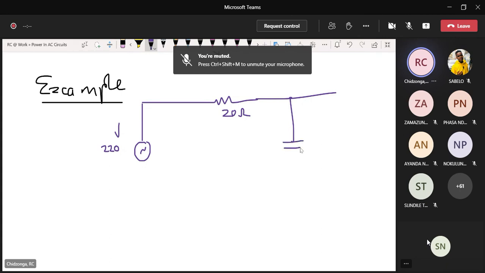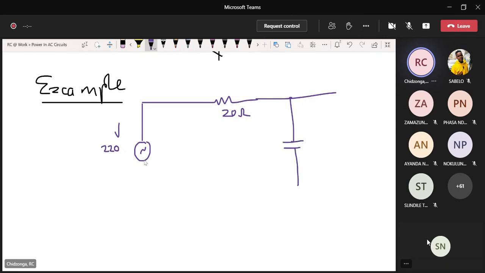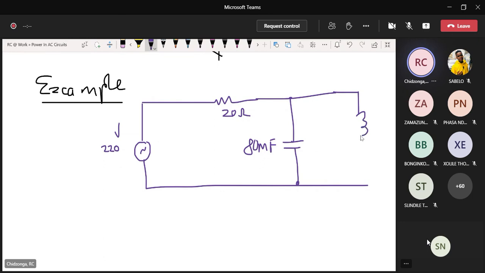You've got a capacitor. I'll say again, it's 80 microfarad. So you know the impedance is the same as we have calculated. And then over here, I'm going to put an inductor.